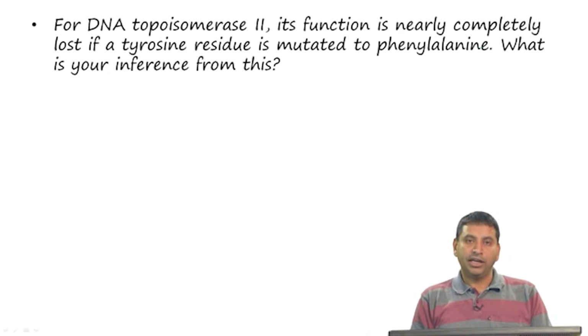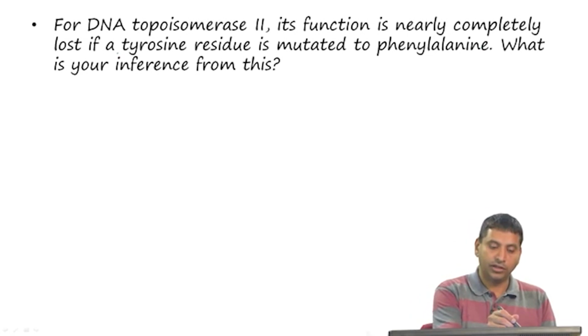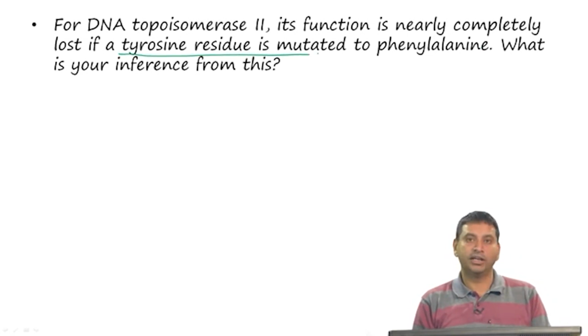Okay. For DNA topoisomerase II, its function is nearly completely lost if a tyrosine residue is mutated to a phenylalanine. What is your inference from this? Again, going along with what we have looked at in the previous classes, the way in which we would understand the function of a protein, in this case DNA topoisomerase II, would be to carry out what is known as site directed mutagenesis.